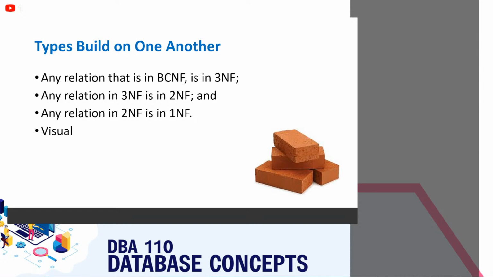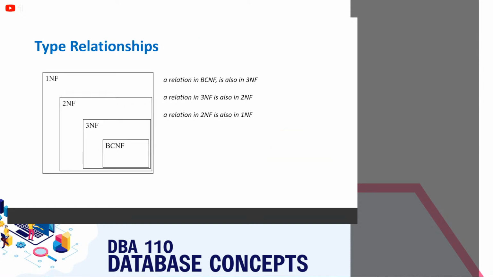Right, so all of these build on one another. Any relationship that is in Boyce-Codd normal form is also in third normal form, is also in second normal form, is also in first normal form. Right, it cascades on down.